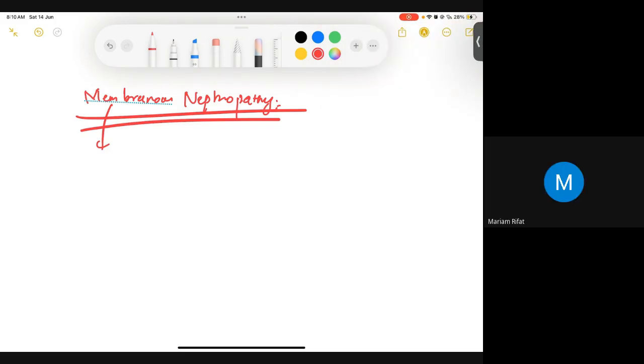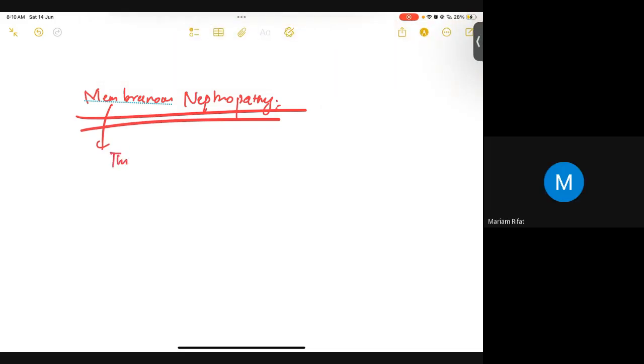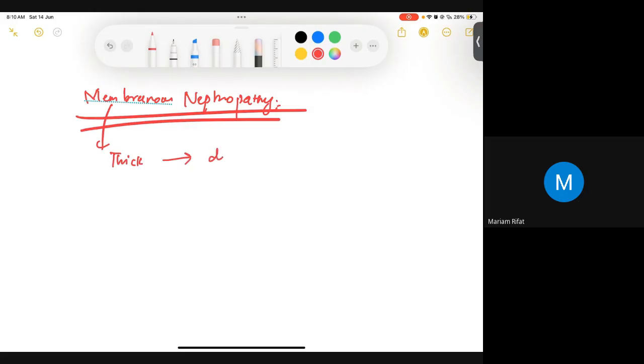The first is the thickening and the other is the deposition of immune complexes. So you already know the cause of this pathology. Immune complexes are going to come, they are going to lead to destruction of this barrier, and as a result we are going to have nephrotic syndrome.